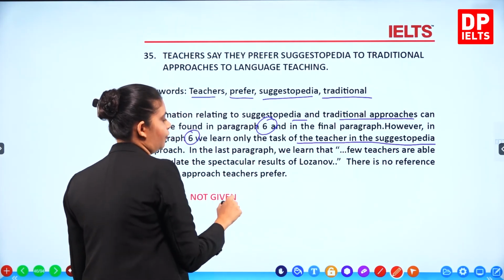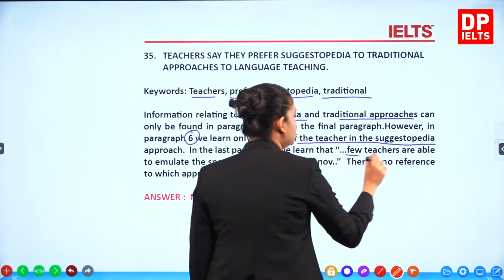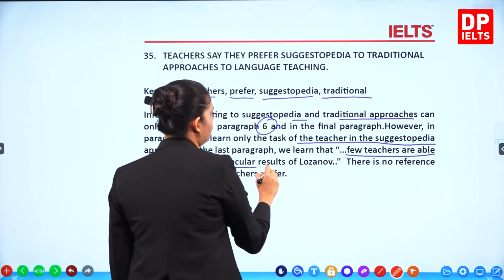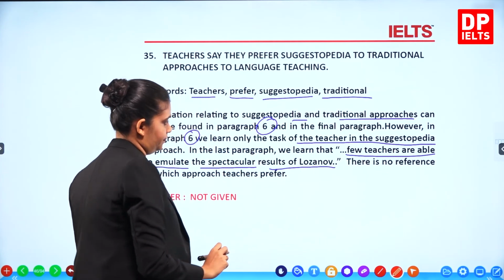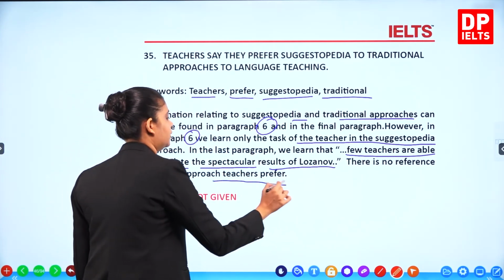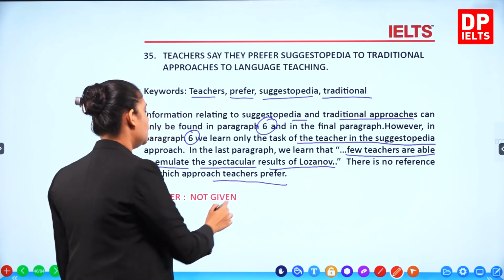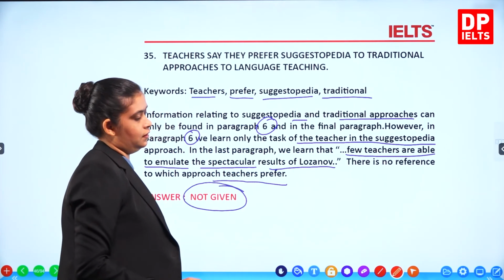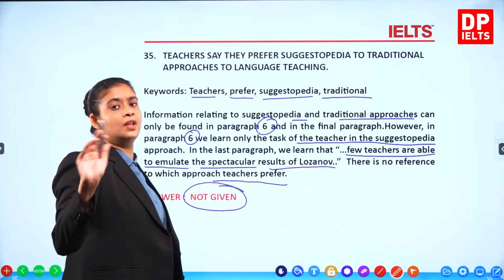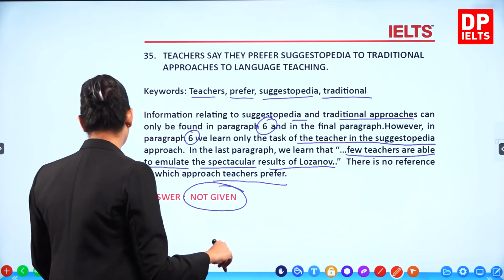In the last paragraph, we learn that few teachers are able to emulate the spectacular results of Lozanov. There is no reference to which approach teachers prefer. So, I would say the answer is not given. They talk about the two approaches, but which one do they prefer? They don't talk about it, so not given.